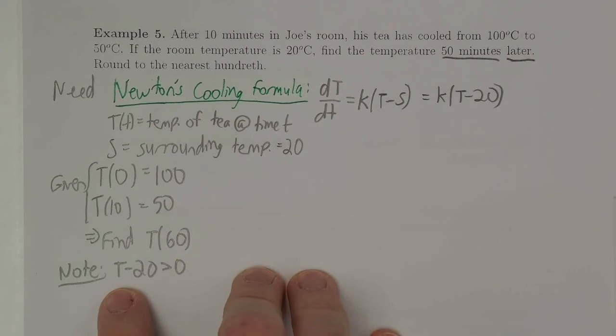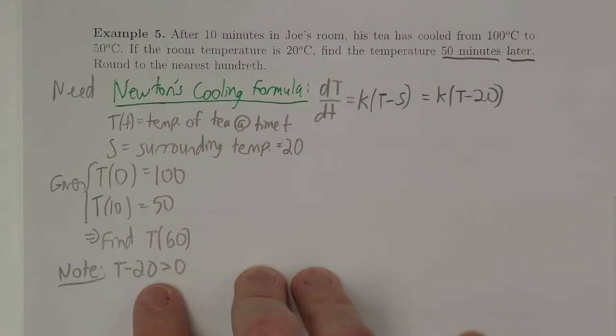So if we're starting at 100, so if we're starting above the room temperature, then I claim that T minus 20 is going to be greater than 0. Any thoughts on it as to why?